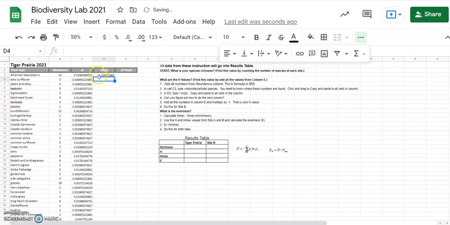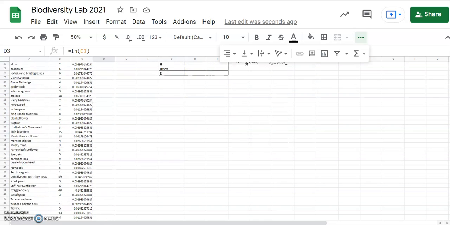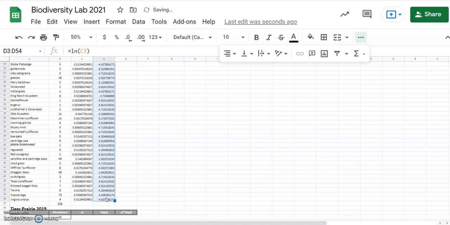Now this should be a negative number. That's normal. That's why this comes into play. All the numbers from here out will be negative, but when we talk about H, we'll make it a positive number because a negative of a negative is positive. So I'm going to drag all the way down to the bottom, and there we go.